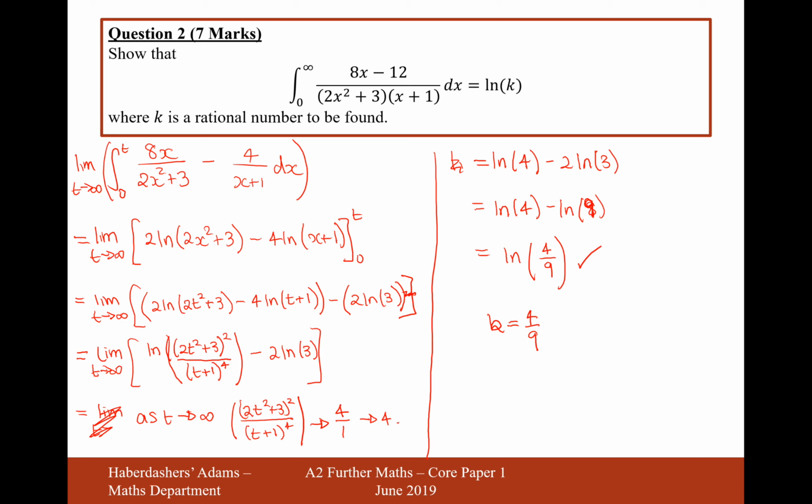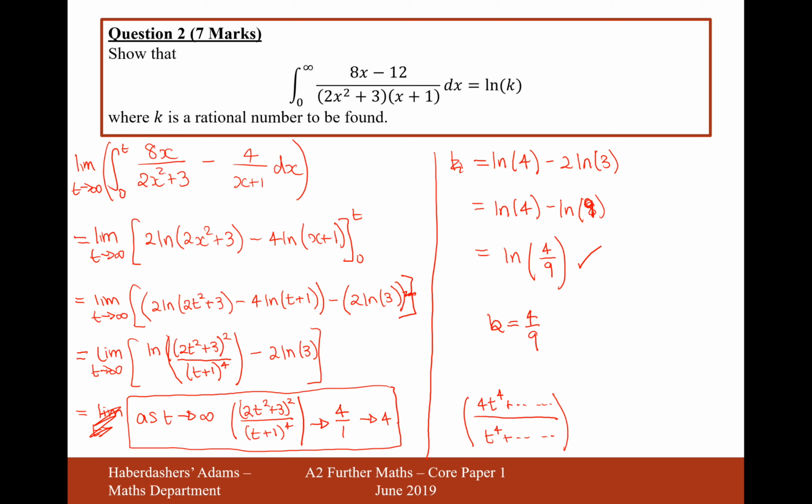Now hopefully this bit down the bottom here kind of made some sense. I'll just explain this a little bit more. If we were to expand this bracket here, we would get 4t to the power of 4 plus a whole bunch of other stuff down below. And if we expand the thing on the bottom, we would get t to the power of 4 plus a whole bunch of other stuff down the bottom. Now, as t gets very, very big, the other powers on t aren't going to get as big as t to the power of 4 will get.